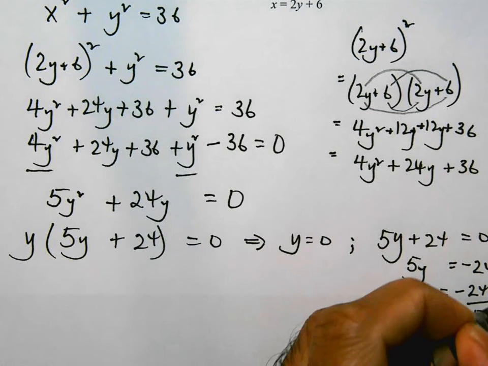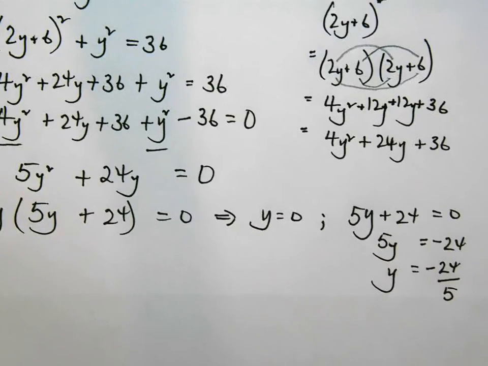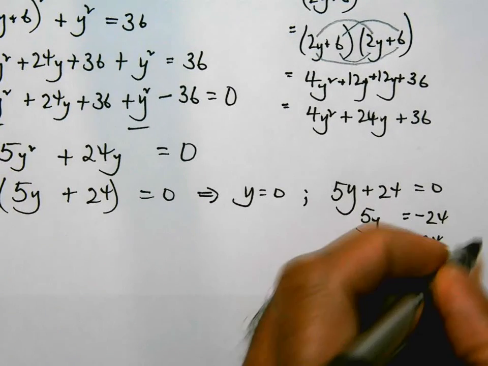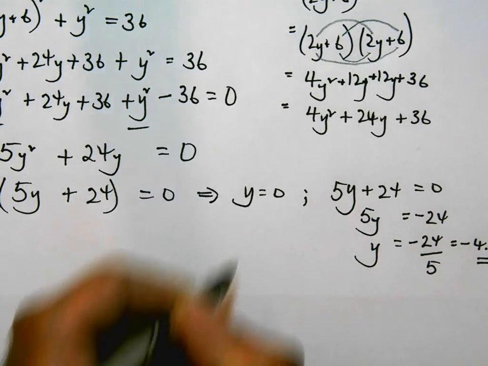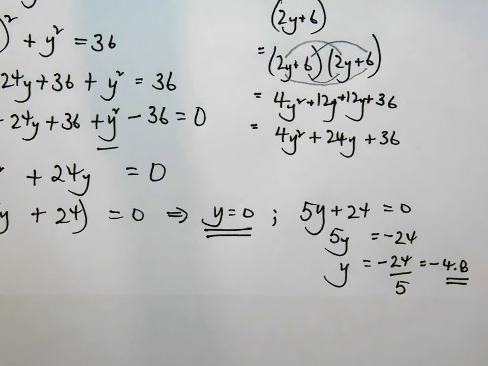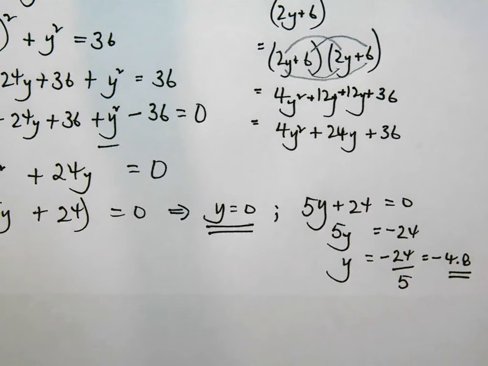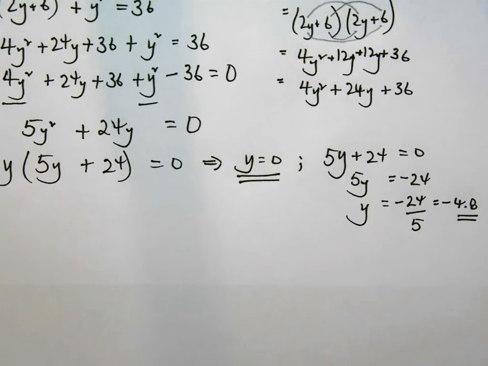So there's my value for y, and there's my other value for y. So I've got two answers for y. I need to work out the corresponding values for x. So if I move this, and zoom out a bit. Okay, so you should be able to see all the workings here.